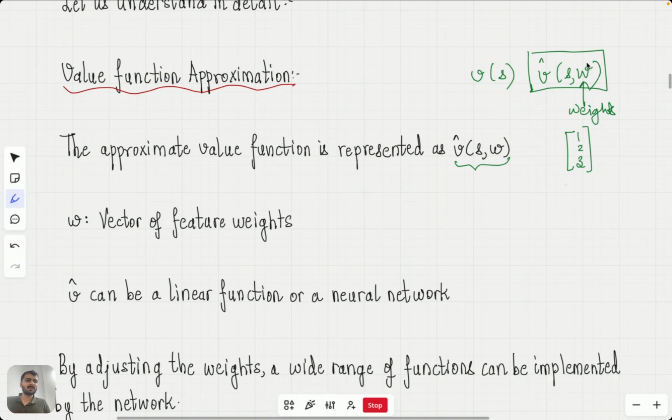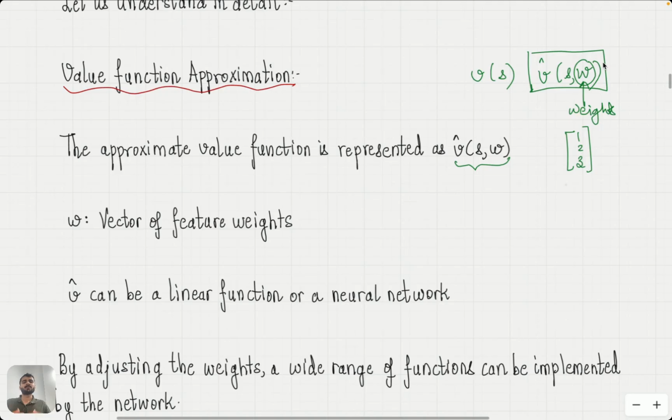Now, the reason we have these weights is because we express the value function in terms of the states and the weights. So by adjusting the value of the weights, you can control the value function estimates.